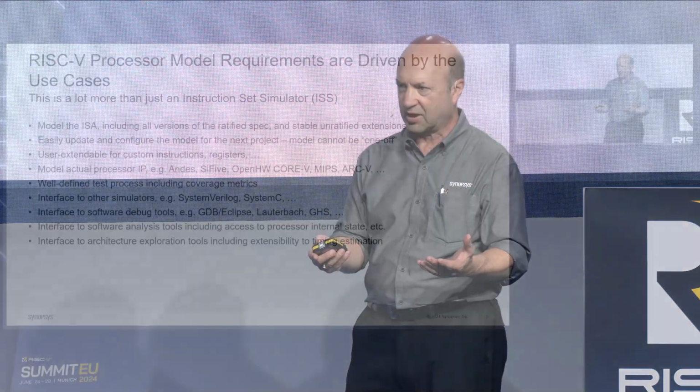Then you need to be able to interface to other simulators, to SystemVerilog, to SystemC, potentially other third-party tools, including debuggers, GDB, Lauterbach, GHS. There are various others around here, Ashling as well. Interface to software analysis tools, including being able to see the internal state of the processor, and architecture exploration tools. So the model has got to do a lot.